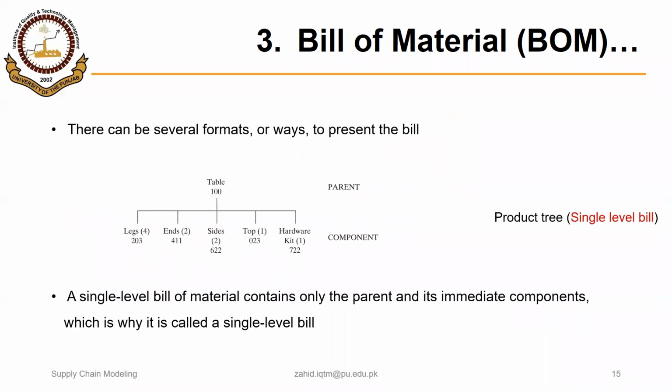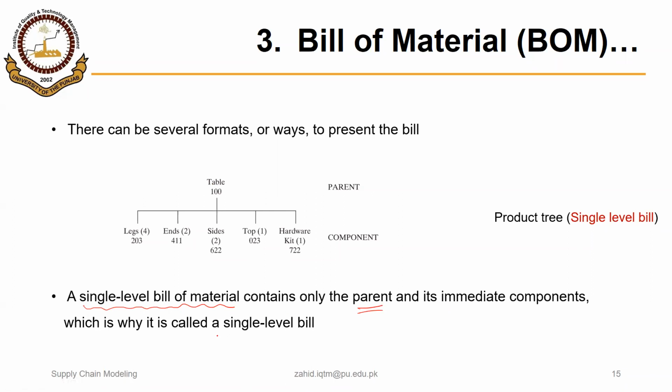So there are different formats to show the bill of material. Technically, what is shown here is also not a bill of material. That is something that you must have studied in your engineering drawing. So we generally call it a product tree. But the important point here is that this is a single level product tree or bill of material, because it contains only the parent and its immediate components.